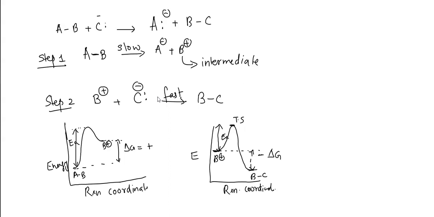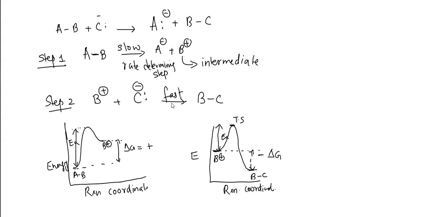Now, one more thing is that the slow step will also be my rate determining step. It will also be my rate determining step. Always, in a multi-step process, the slowest step is the rate determining step.